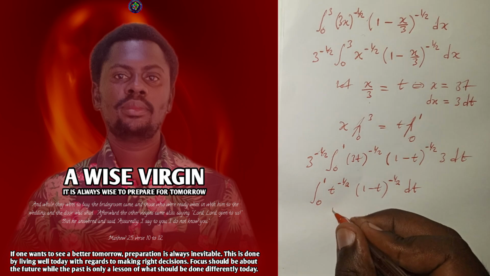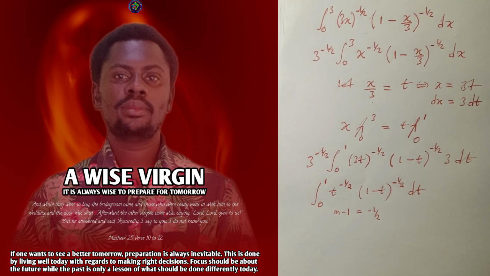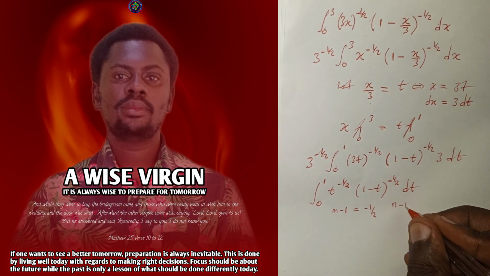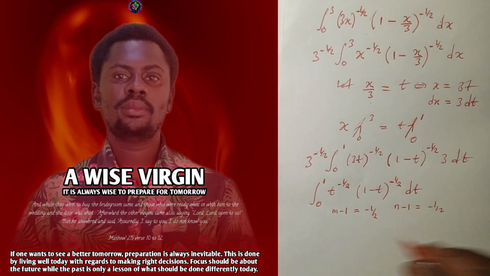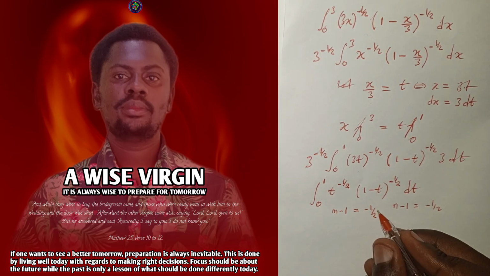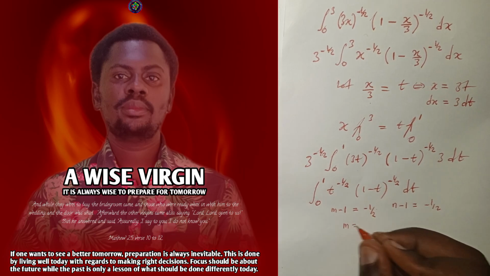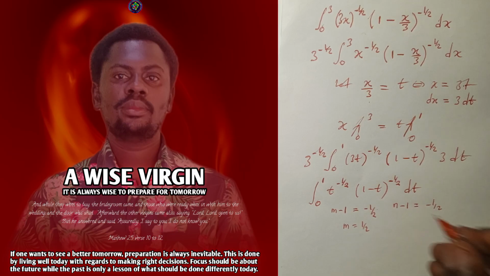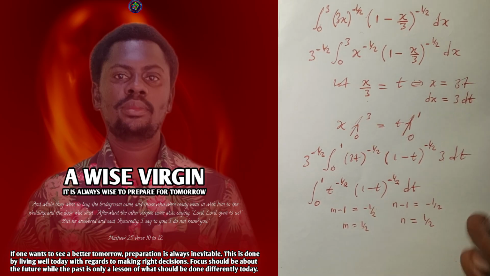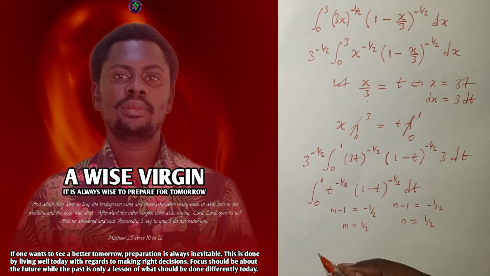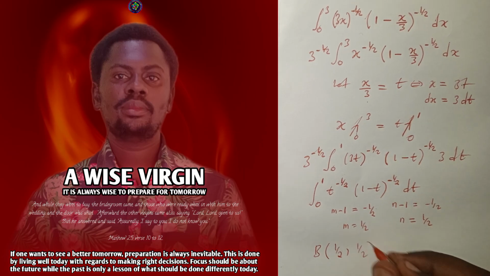We say m minus 1 is equal to minus 1 over 2, and n minus 1 is minus 1 over 2. Here the minus 1 comes to this side as plus. So minus 1 over 2 plus 1 gives 1 over 2. So m is equal to 1 over 2, and the same with n, 1 over 2. Therefore, the value of this integral is just beta of 1 over 2, comma 1 over 2.